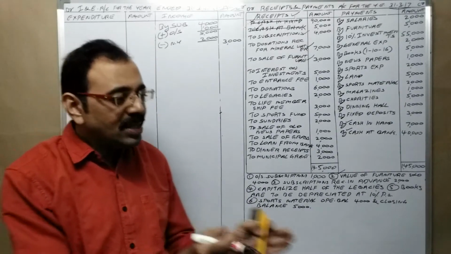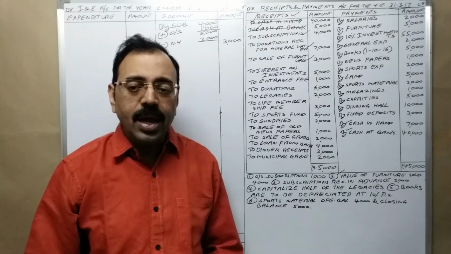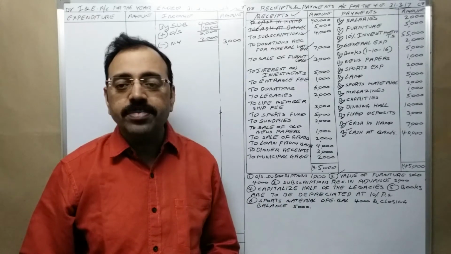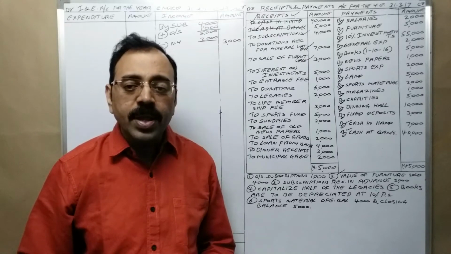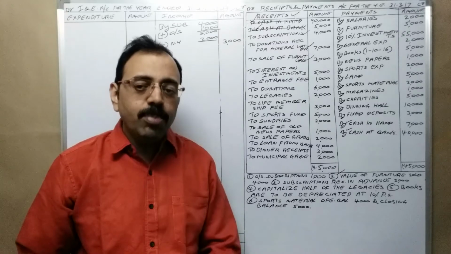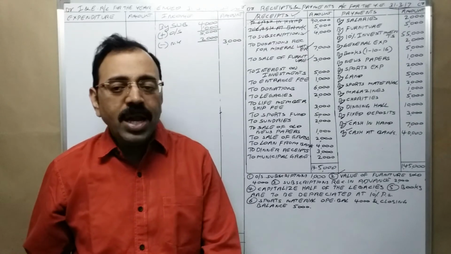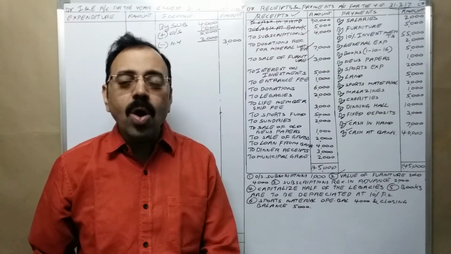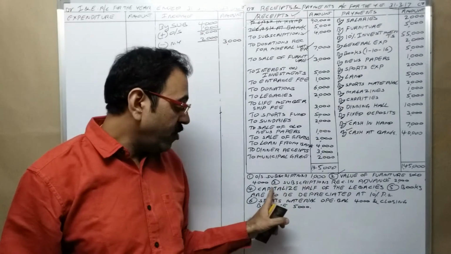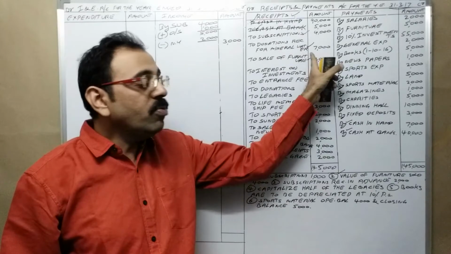Means when we are selling on that day, the book value of furniture is 4,000 rupees. Book value means what? From cost of the furniture, when we deduct total depreciation, then the remaining value is known as book value or written down value. Now that book value and sale value we should compare.